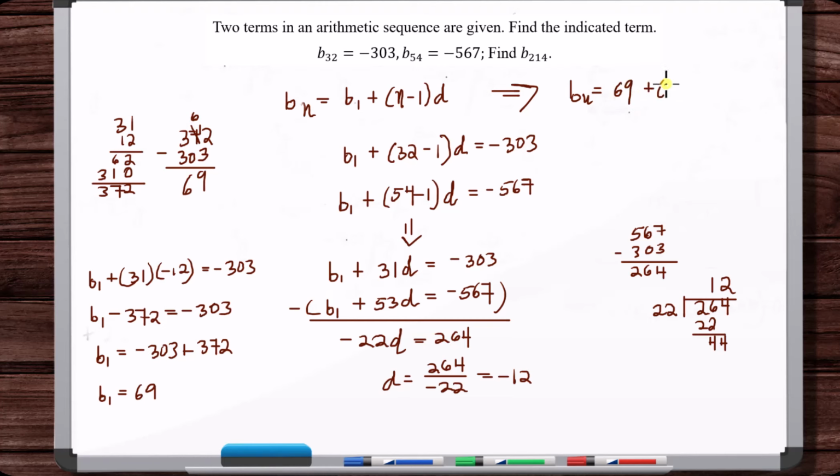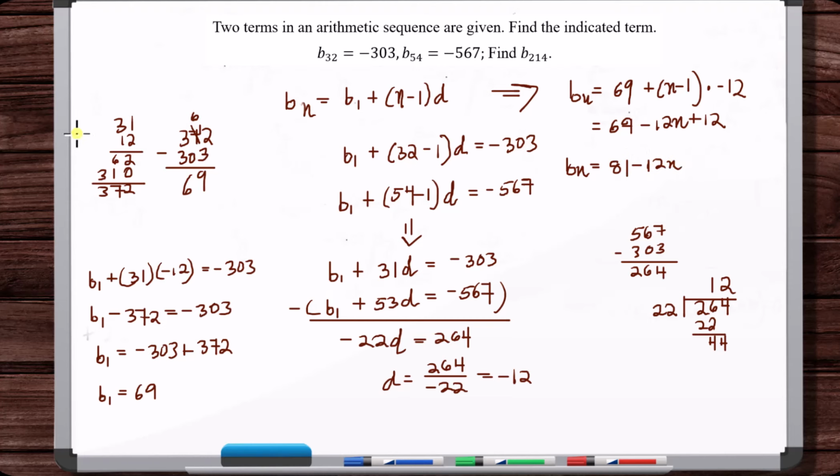So, okay, our b sub n is equal to 69 plus n minus 1 times minus 12 minus 12n. So b sub n is equal to 81 minus 12n.